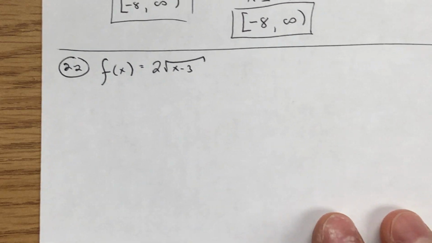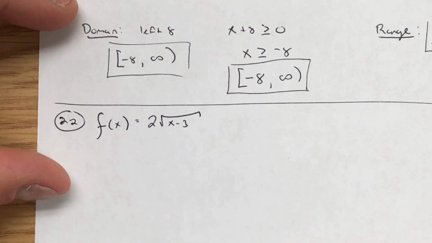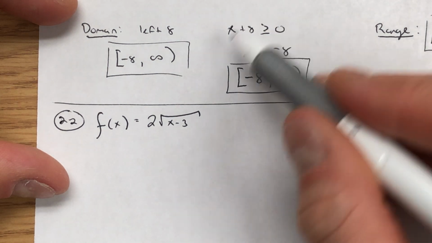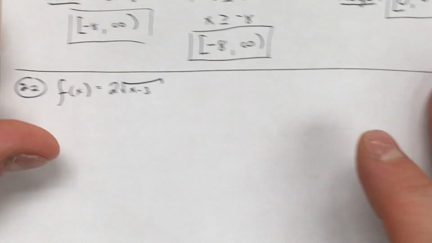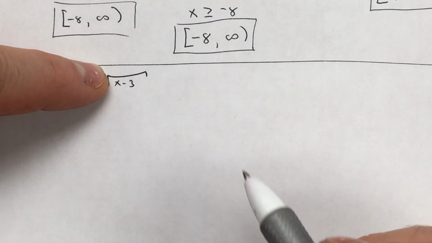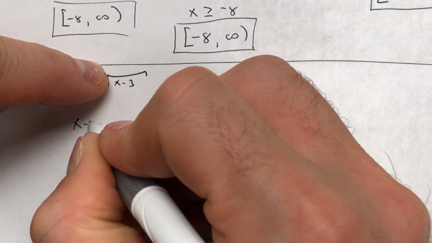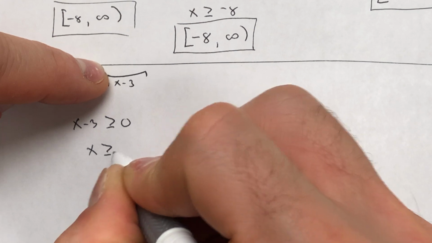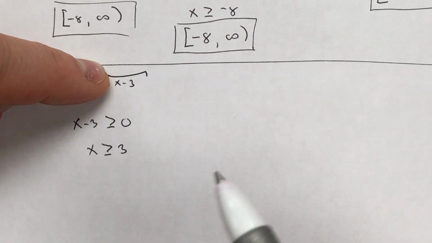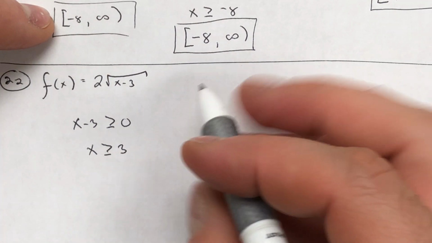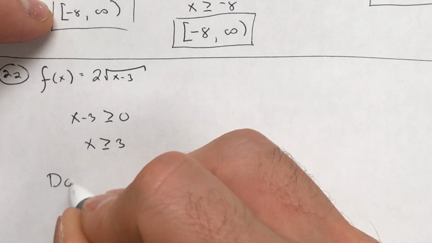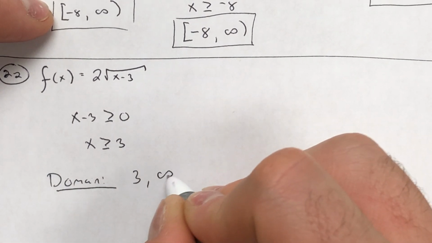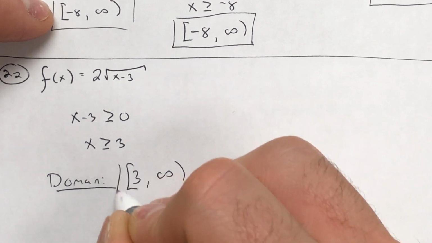Depending on how you want to work it, I think the more common method is algebraically solving what I can take the root of. Well, x minus 3 must be greater than or equal to 0, which means x must be greater than or equal to 3. In interval notation, my domain is from 3 to infinity.